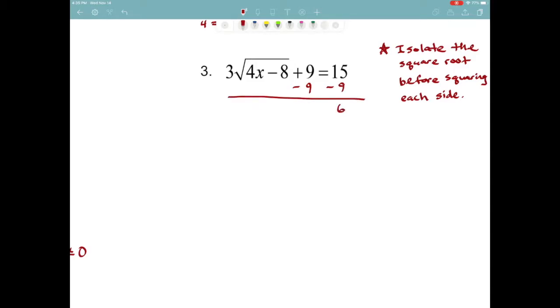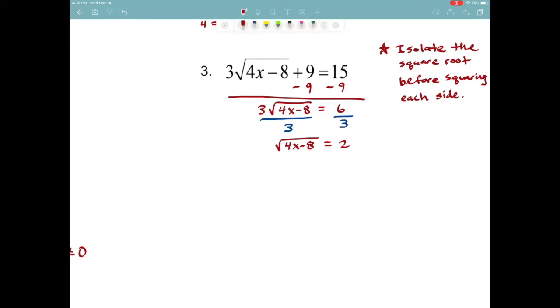That would give us 6 equals 3 times the square root of 4x minus 8. Next, we're going to divide by the 3. We now have 4x minus 8 left inside the square root, and that should equal 2. So the square root of some value should equal 2.